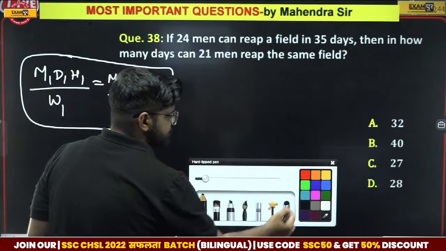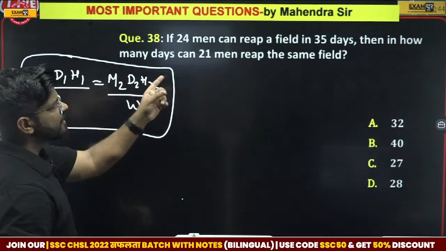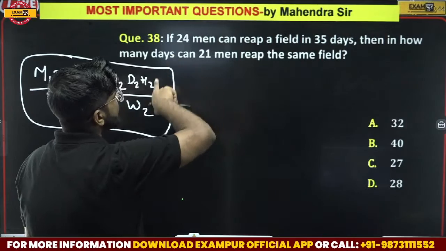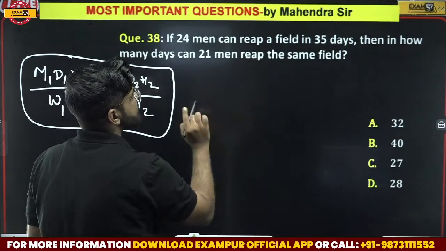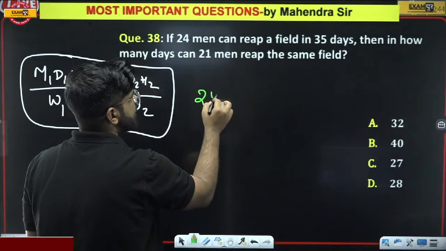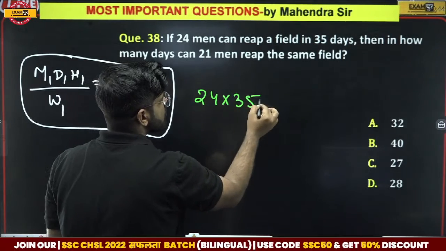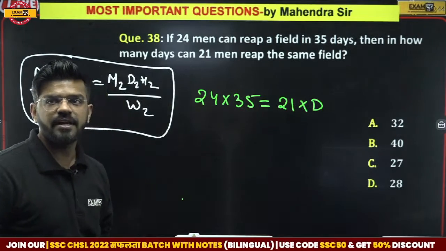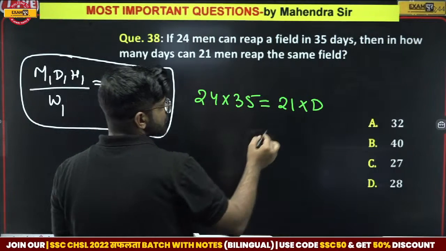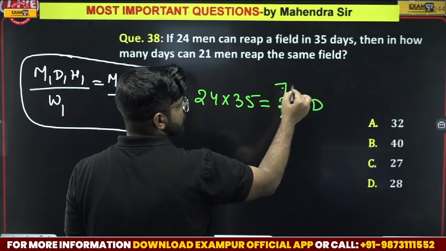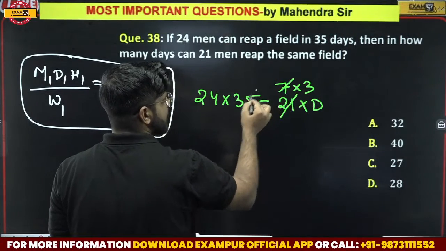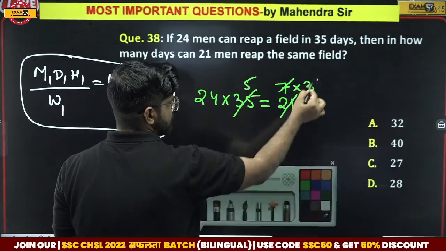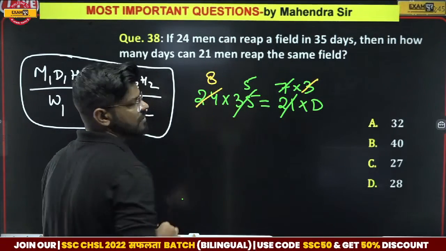Let's solve this question. 24 men can reap a field in 35 days, then in how many days can 21 men reap the same field? So 24 into 35 is equal to 21 men into how many days? M1 D1 is equal to M2 D2. So it is nothing but 7 into 3. 7 gets cancelled out here, remaining is 5, and 3 cancels out.